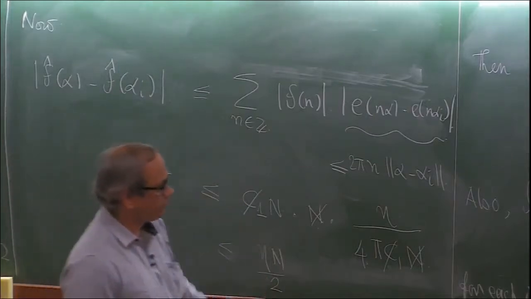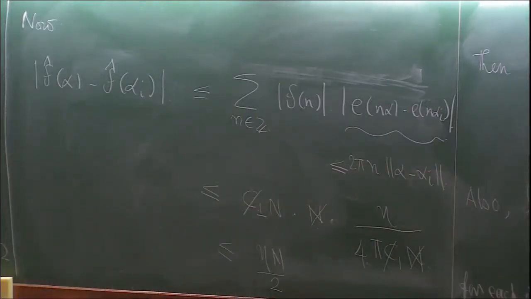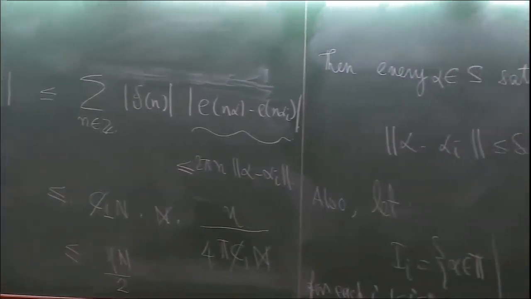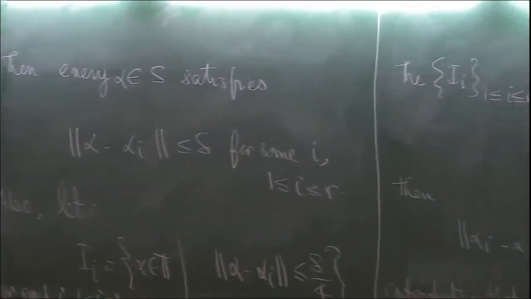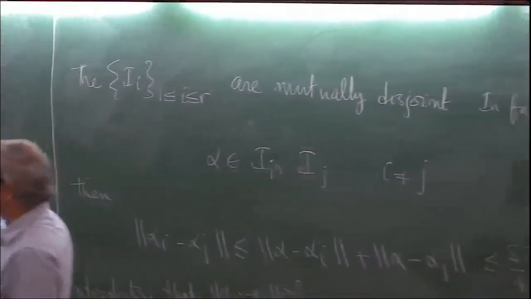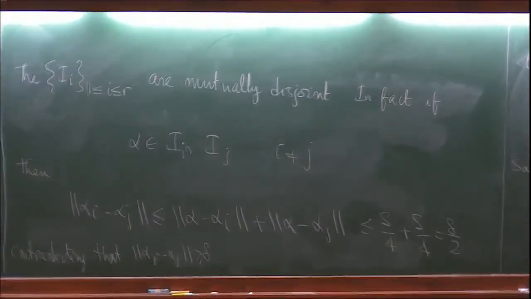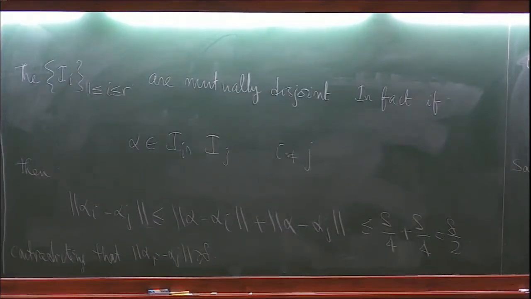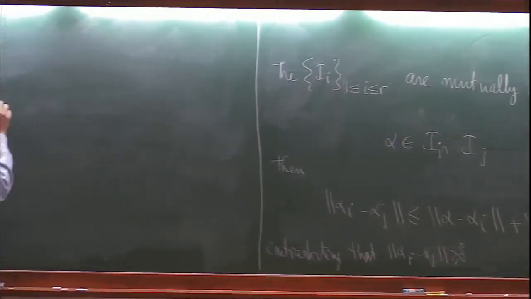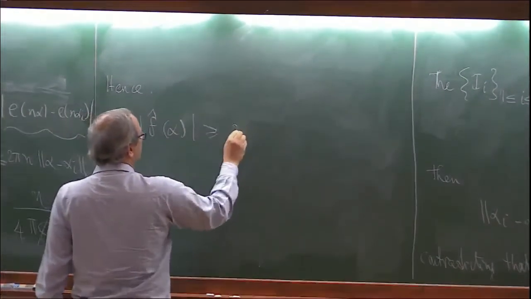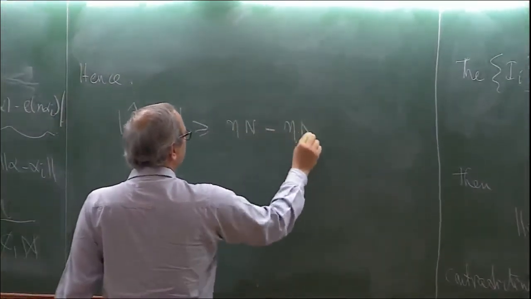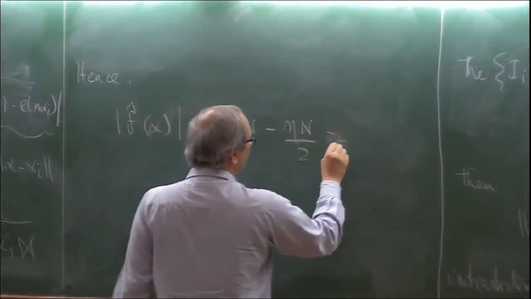And combining with the fact that this is greater than or equal to eta n, because alpha_i belongs to S, so f hat alpha_i is bigger than this, you conclude that f hat alpha itself is bigger than eta n minus eta n by 2, which is eta n by 2.